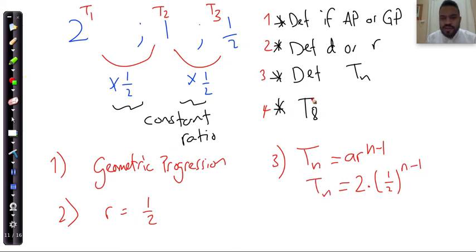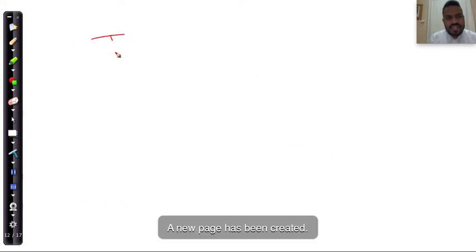Now the last question wants us to determine T8, and that's a very simple case. All you do is take the general formula and change the n's to 8. So T8 is equal to A, which was 2, times R, which was a half, to the power of 8 minus 1, which gives me 2 times a half to the power of 7.